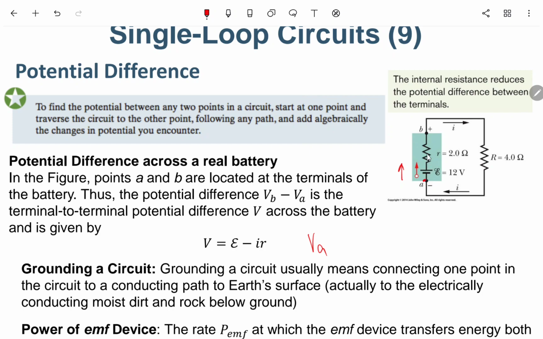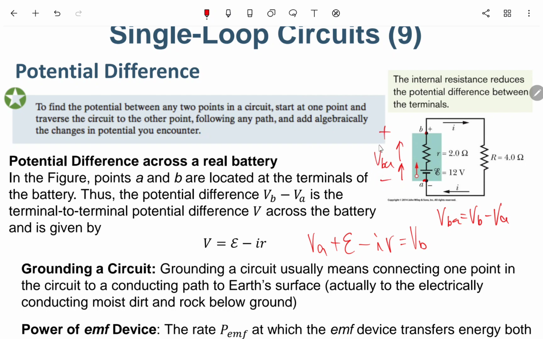So it is plus E, and then going through this resistance minus Ir, and this point will be VB. And we can define VBA to be VB minus VA, which is the potential difference from here to here.